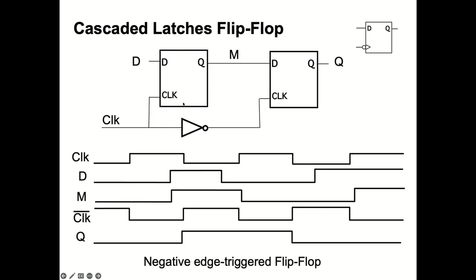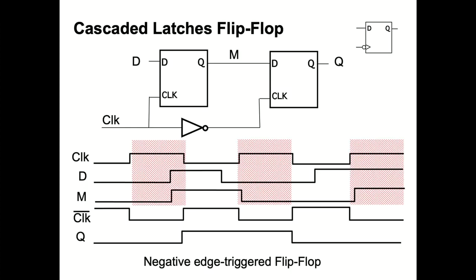You have 2 D latches, right? These are level sensitive devices. And this is going to be a negative edge triggered, meaning that it will load on the falling edge. If you want it to load on the rising edge, just put another inverter here. Okay, so what's going on?